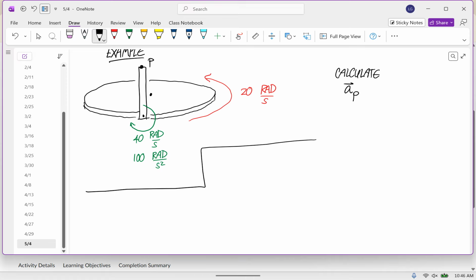Okay, so before we start working on stuff, let's just sort of assess what's going on here. Which one of those two bodies is the horse? The disc, yep. And so the coordinate system is going to be fixed to the disc.